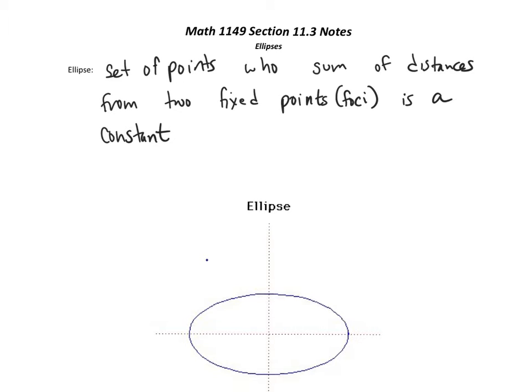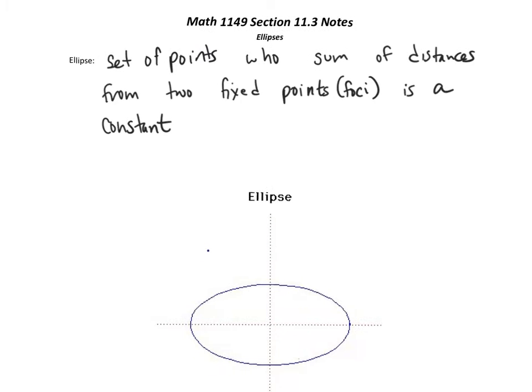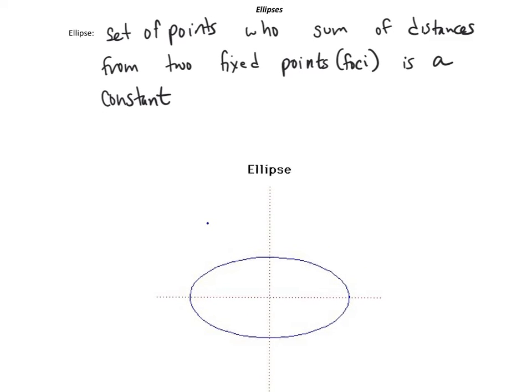So again, we have a bunch of points that go along the edge, but how do we find where those points are? Well, we have two fixed points on an ellipse, and they are somewhere inside the ellipse, on either side of the center. The center is this point here. So these are what we call foci.